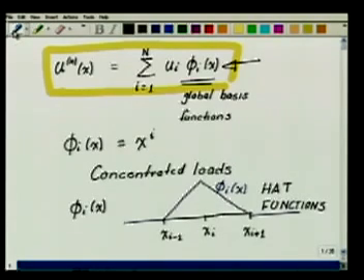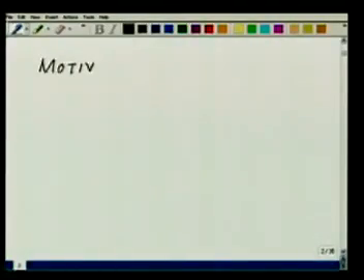From this series representation, we found that taking a two-term solution using appropriately placed points and defining the phi's with respect to those points, we got the exact solution to the problem with a concentrated load. Great. So this, we said, was the motivation for using the finite element method. I am going to write it as an abbreviation as FEM.